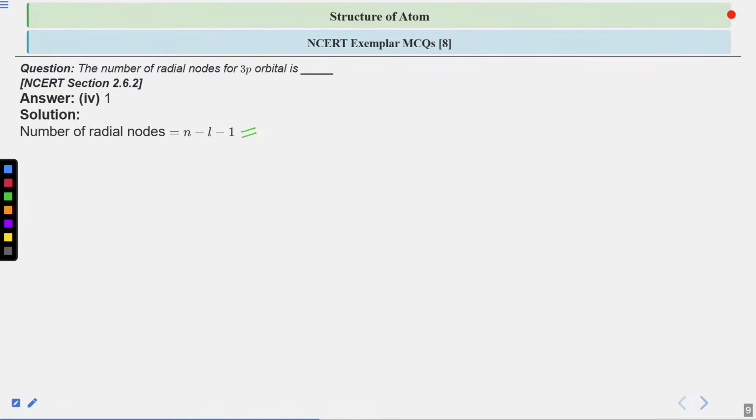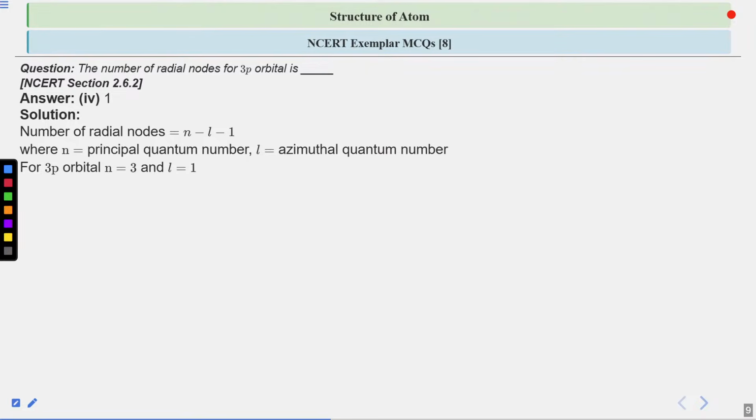So this is your formula: n minus l minus 1. Here n is your principal quantum number, l is your azimuthal quantum number. If you take 3p orbital, then in 3p orbital the value of the principal quantum number will be 3. n is equal to 3, it is the shell.